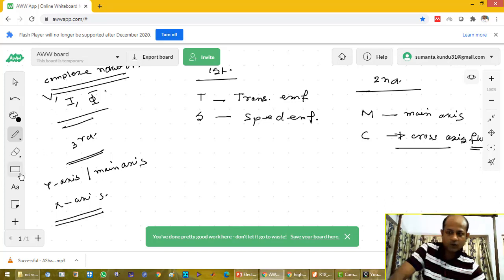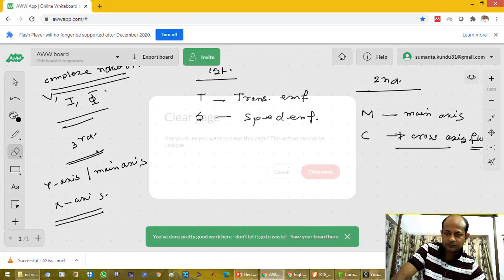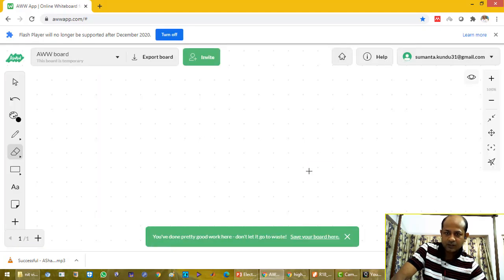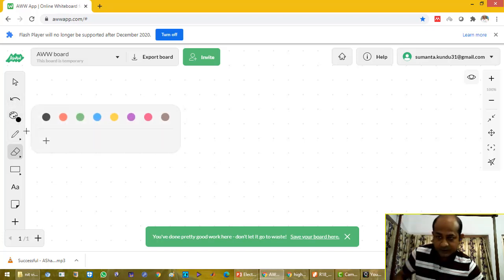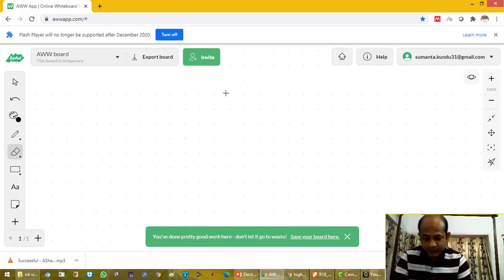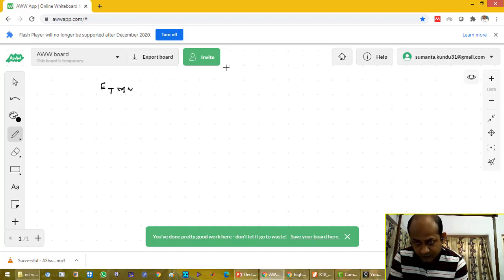Now if we say ETMY, what does it represent? ETMY represents the EMF induced in the rotor due to main winding flux.